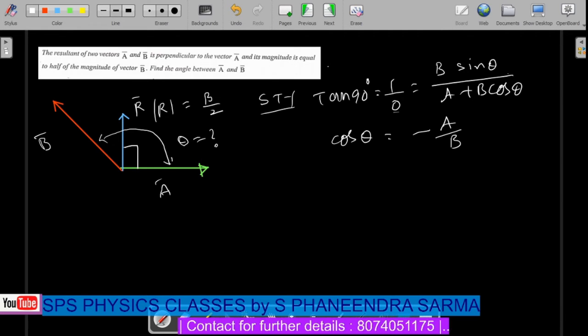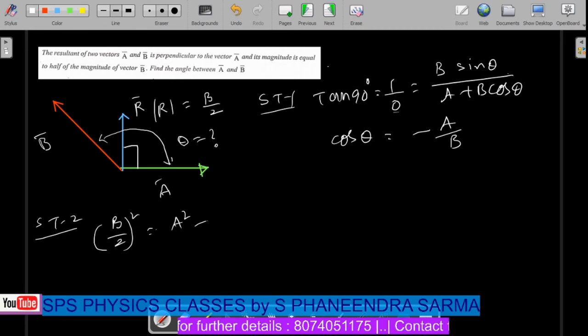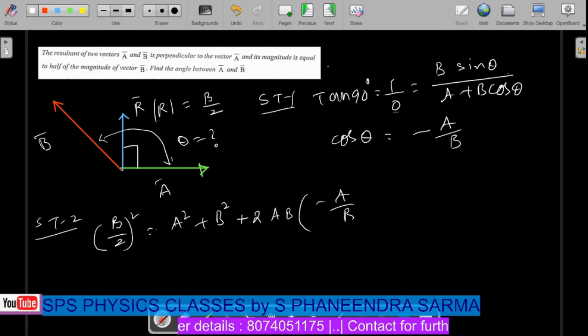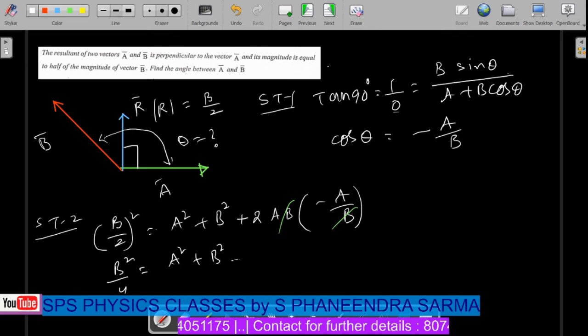Step 2. In step 2, what is given? Resultant vector is b by 2, given. Therefore, b by 2 whole square is equal to a square plus b square plus 2ab into cos theta, which is minus a by b. Upon cancelling b on both sides, we have b square by 4 is equal to a square plus b square minus 2a square.